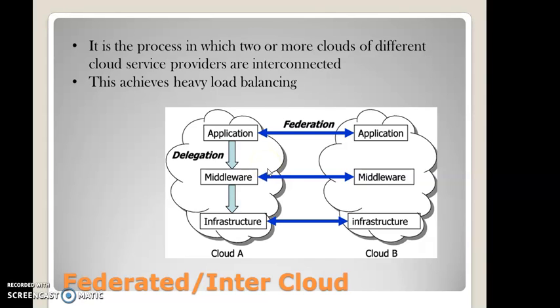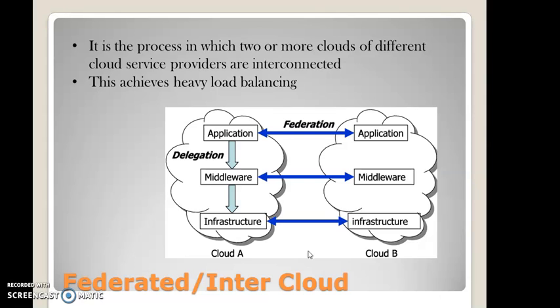So the cloud federation process needs one cloud service provider to wholesale or rent cloud computing resources to another. So here cloud A is renting or wholesaling the cloud computing resources to cloud B and vice versa. Those resources can be a temporary or permanent extension to the cloud computing environment of the service provider who buys it.